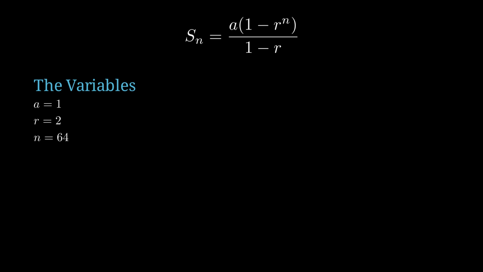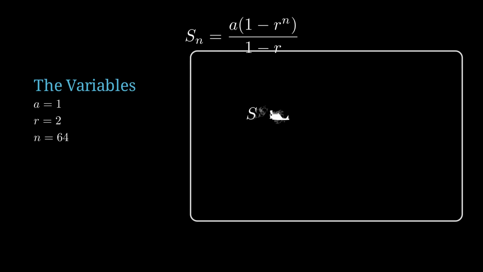Now, watch as we substitute these values into the formula. We replace A with 1, R with 2, and N with 64. The equation looks complex, but we will simplify it step by step. Look at the denominator, 1 minus 2. This gives us -1. Now look at the numerator. We have 1 times the quantity 1 minus 2 to the 64th.